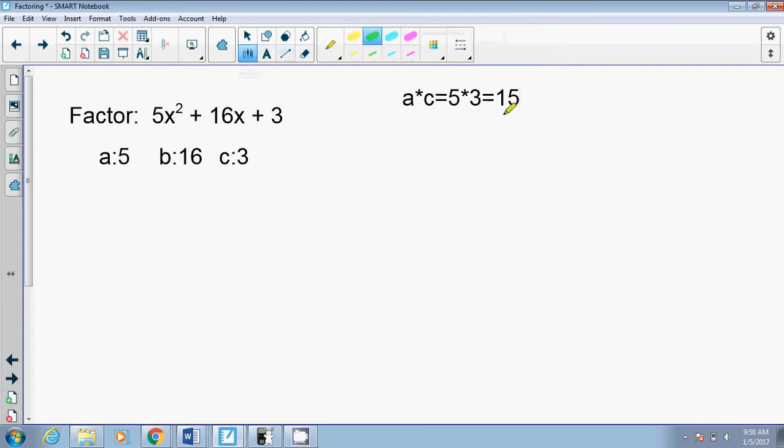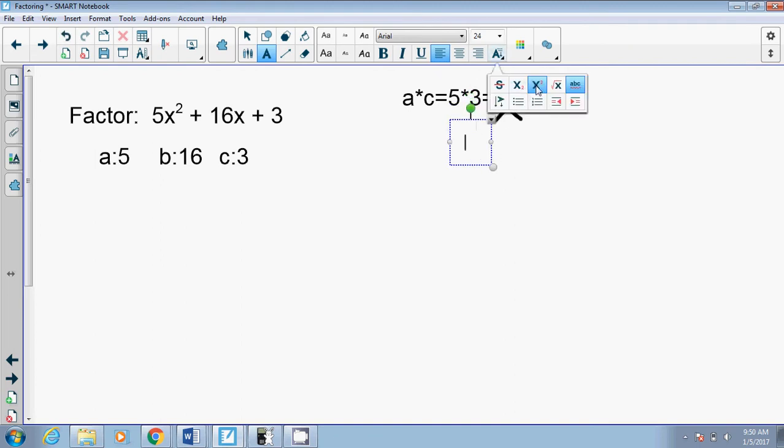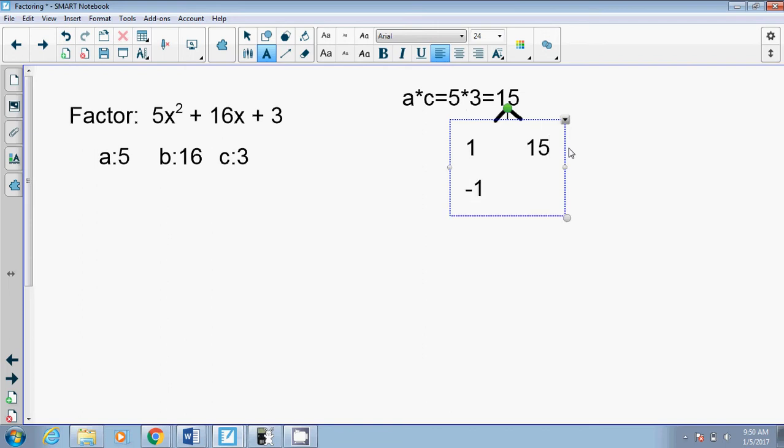I want to go through now and list every single pair of numbers that multiply to 15. Again, you want to list every possible pair that you could think of when you're doing this. So I always start off with the easy one, 1 and 15. Which means if I'm multiplying to positive 15, I also have negative 1 and negative 15.